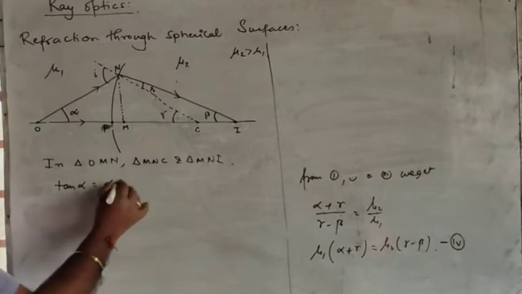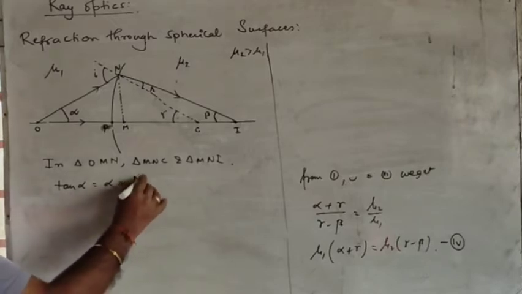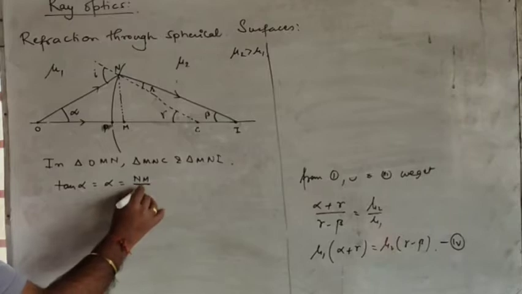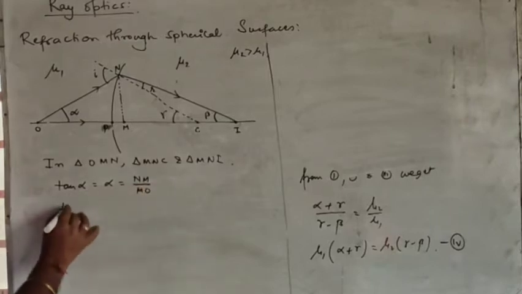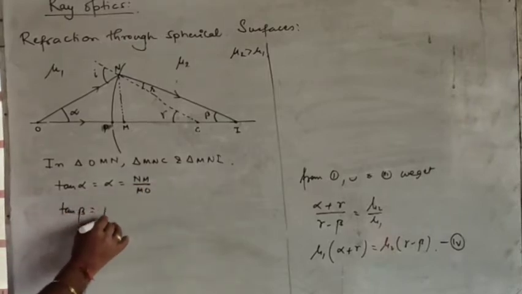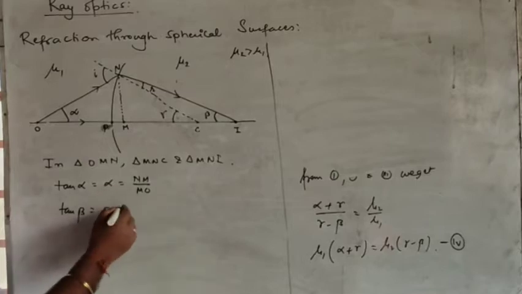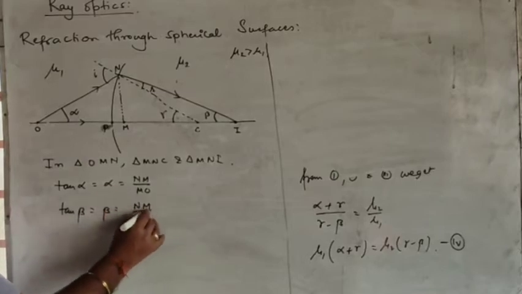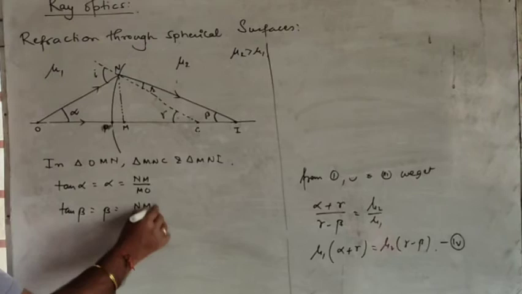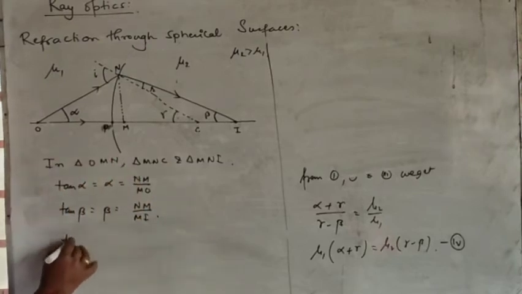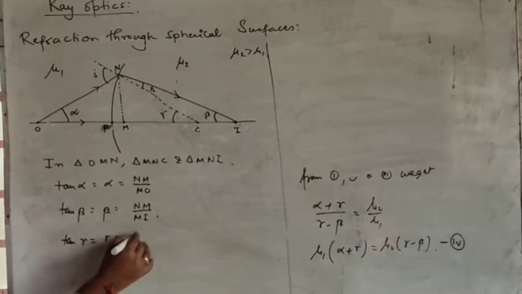Tan alpha is alpha, equal to perpendicular over base, that is NM by MO. Tan beta is simply beta because angles are small, so we get NM by MI. Tan gamma is gamma, which is NM by MC.